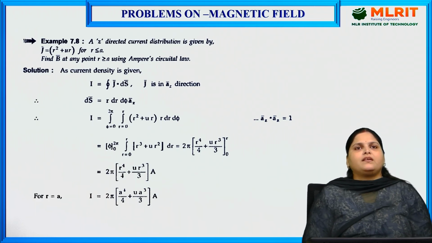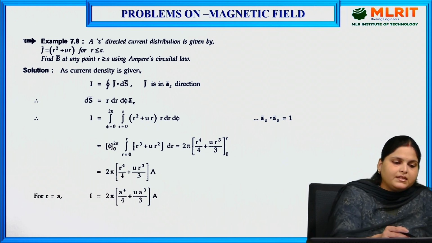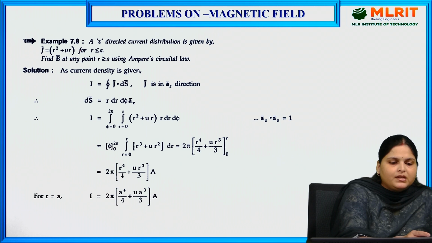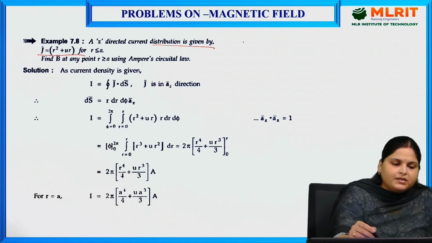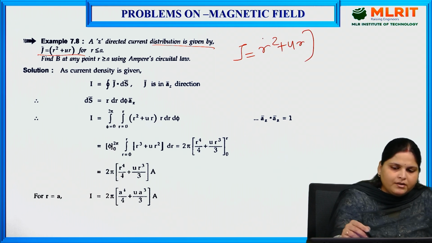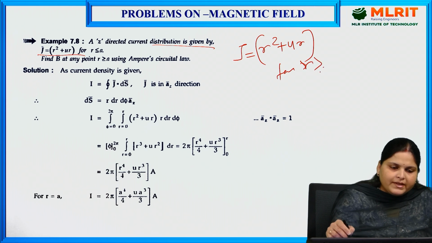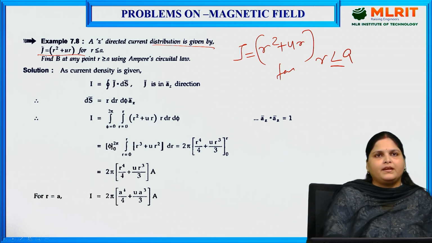Now let's take another question. The question is given as: the current distribution is given by J equals r square plus ur, where r is less than or equal to a.